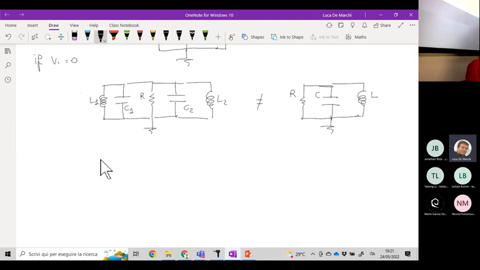Unless we make this assumption: if we assume that C1 parallel to C2 is equal to C, and that L1 parallel to L2 is equal to L, then the two circuits are again the same.